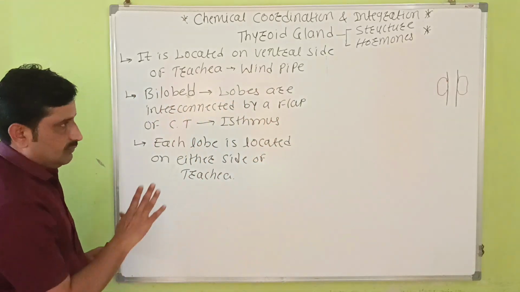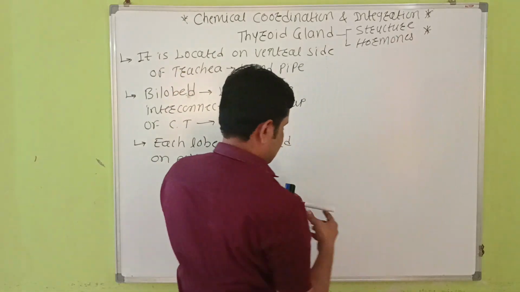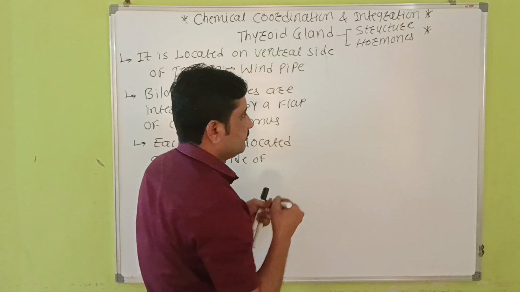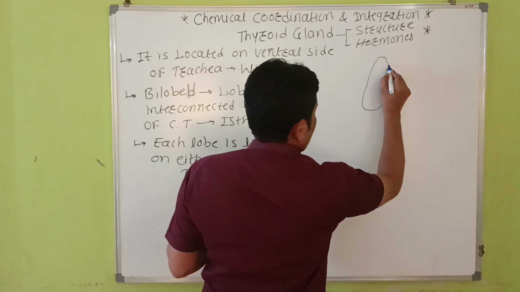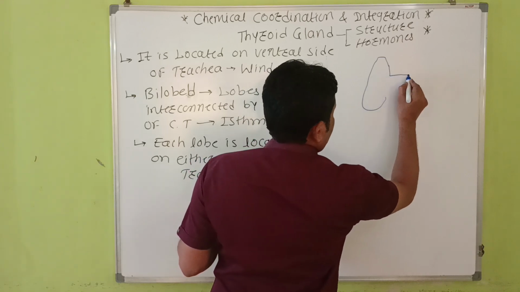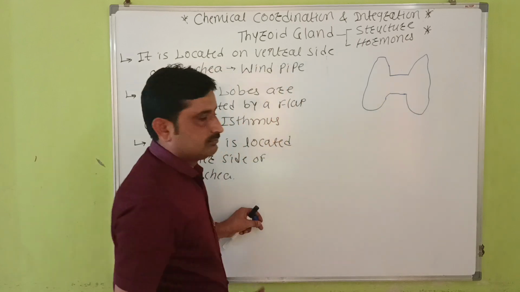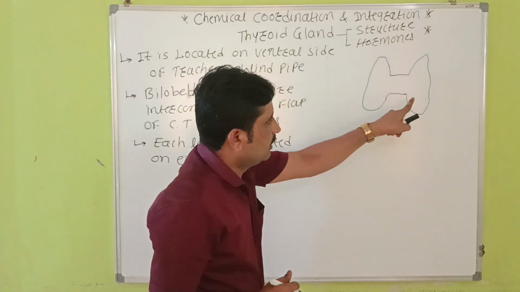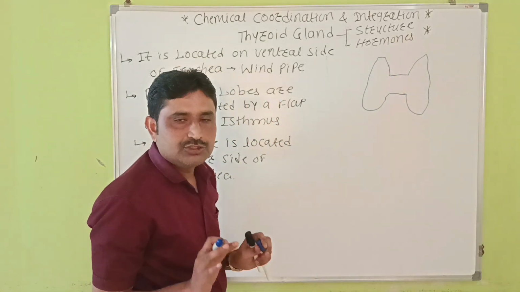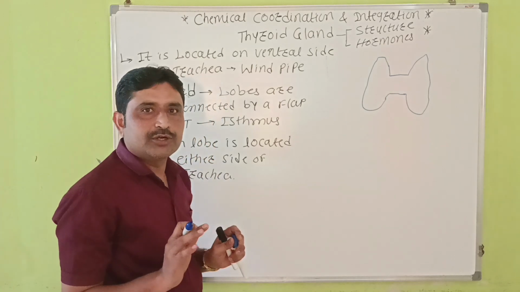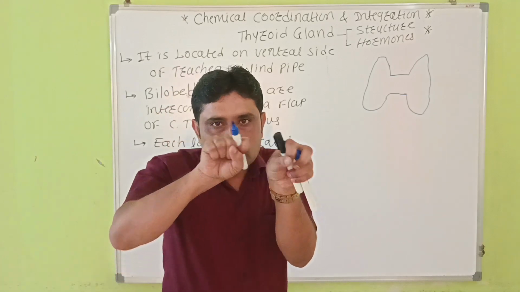अगर हम इसकी डायग्राम निकालेंगे तो you can see the diagram like that. जैसे कि कैसे है? बाय लोब है, ये लोब मैं निकालता हूं. This is one lobe, this is another lobe, this is thyroid gland, this is one lobe, another lobe, और इसके पीछे ट्रकिया. क्योंकि मैंने कहा कि this gland, it is located on the ventral side of the trachea and one lobe is on each side.